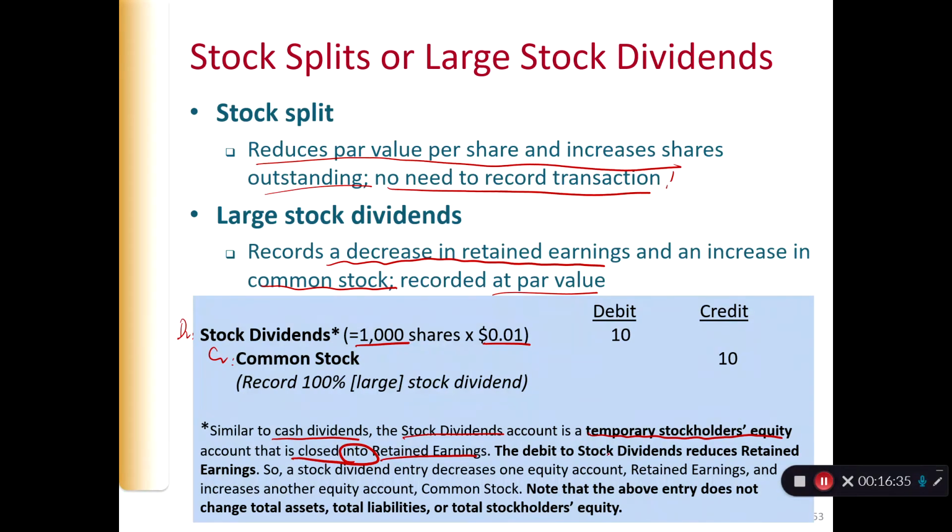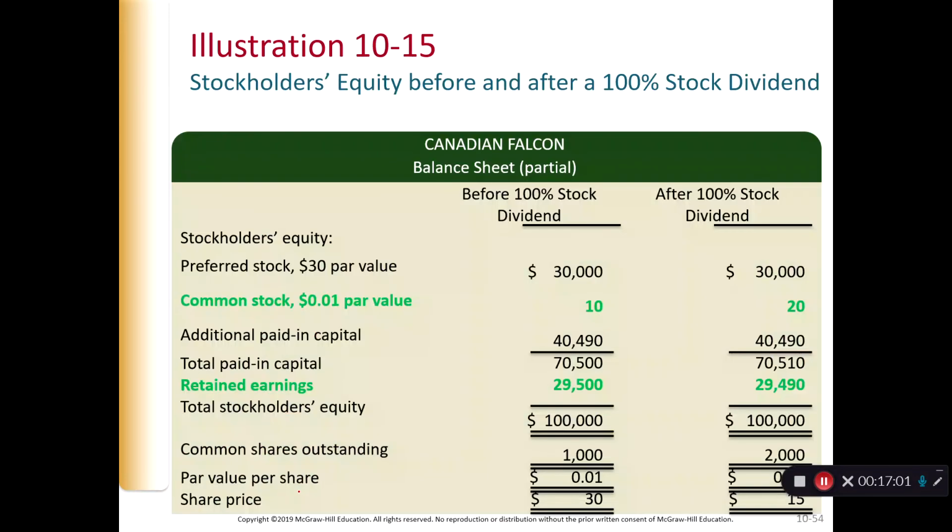The debit to stock dividends reduces retained earnings. So the stock dividend entry decreases one equity account, retained earnings, and increases another equity account. Hence there's no impact on total assets, total liabilities, or total stockholders' equity.